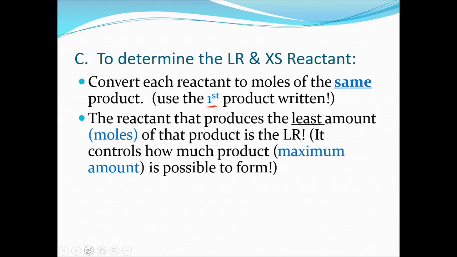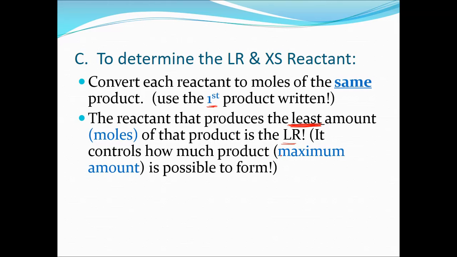After we have converted to moles of the same product, the reactant that produced the least amount, the one that made the fewest sandwiches, right? 35 sandwiches. The one that made the least amount of moles, that was your limiting reactant. Remember, the limiting reactant controls how much product you can make.